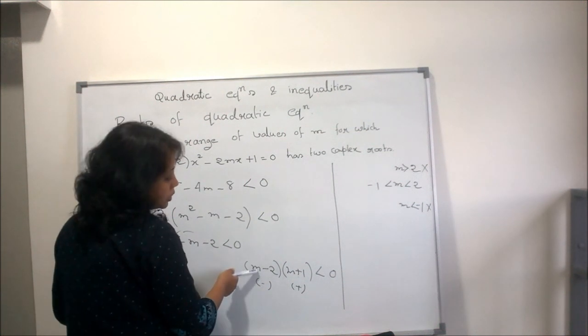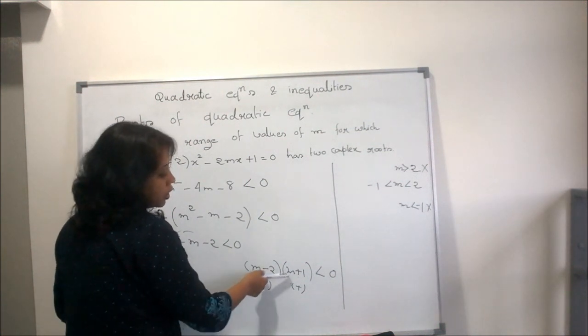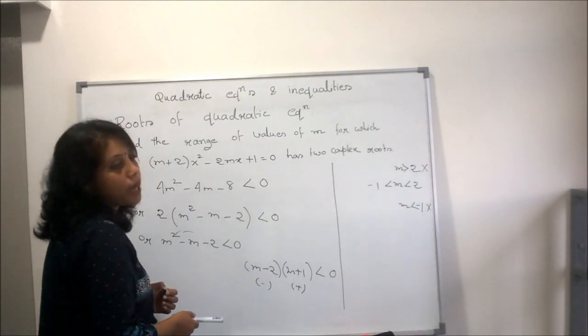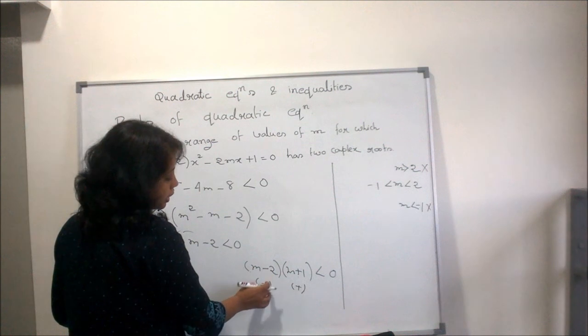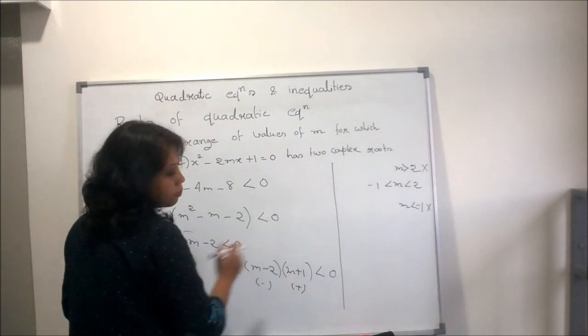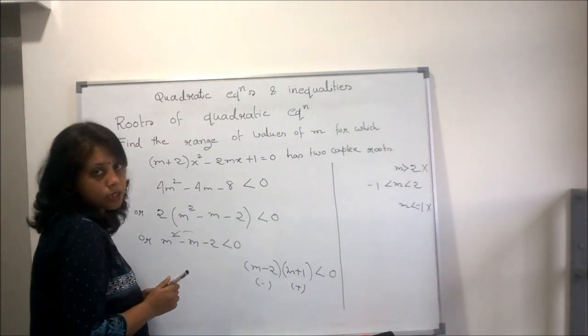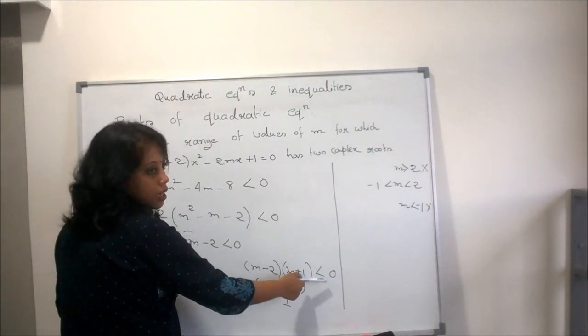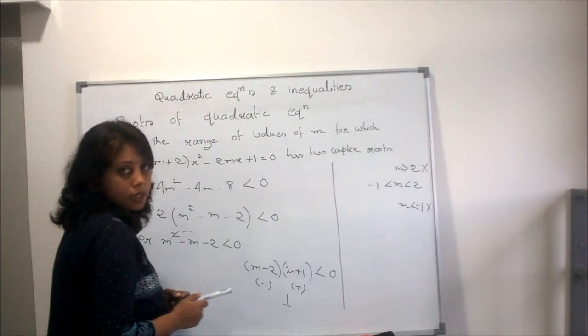If m is 0, this becomes minus 2, and this becomes 1. So any value you take between minus 1 and 2, this part gives negative value and this part gives positive value, and the multiplication of these two gives us a negative value, which is included in our range.